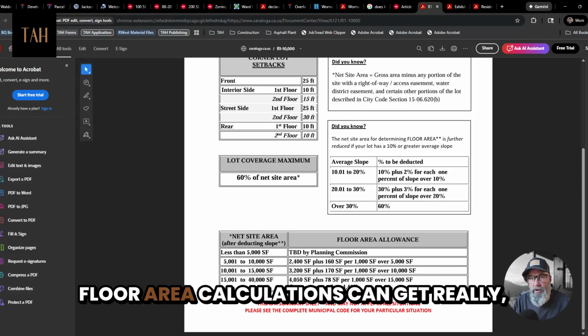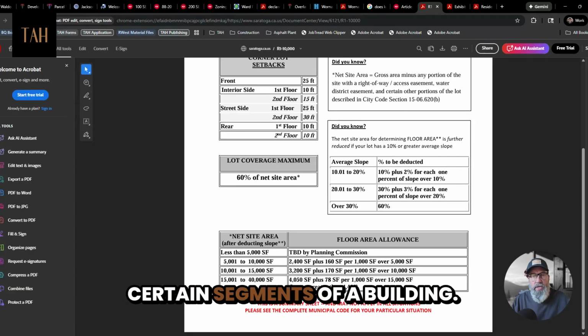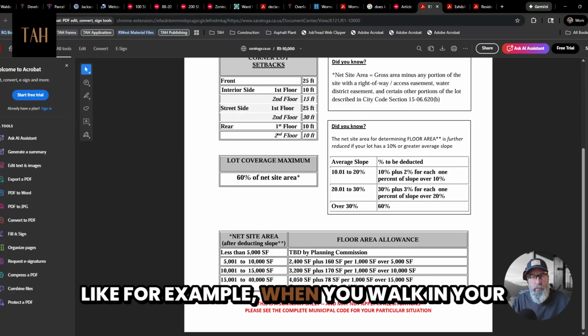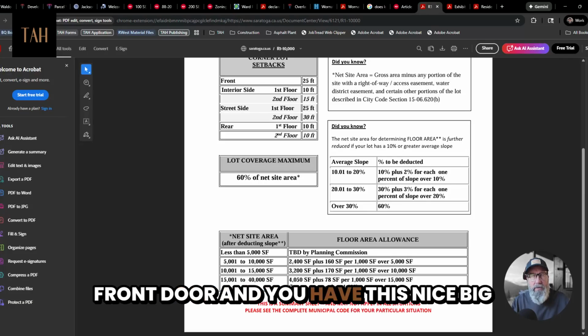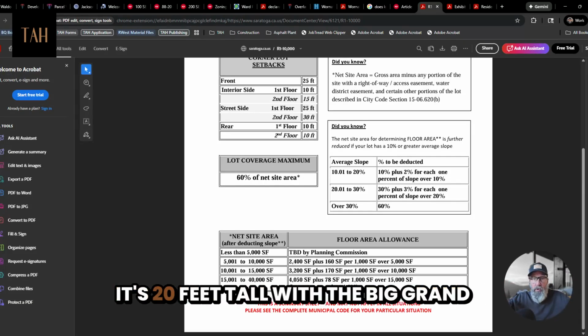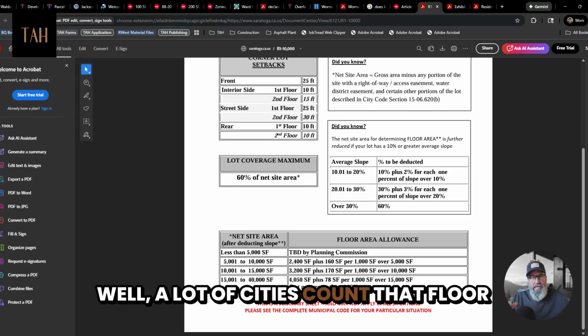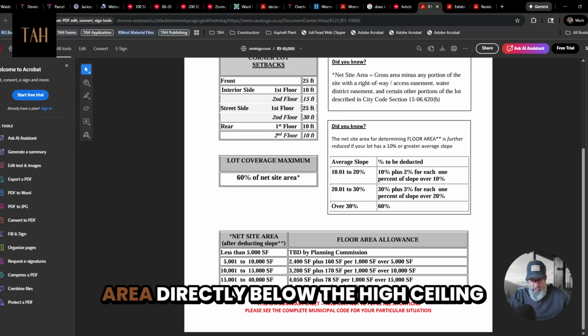So floor area calculations can get really, really tricky because cities will count certain segments of a building. For example, when you walk in your front door and you have this nice, big, tall ceiling foyer, we'll say it's 20 feet tall with the big grand chandelier and the staircase going up, a lot of cities count the floor area directly below that high ceiling double.